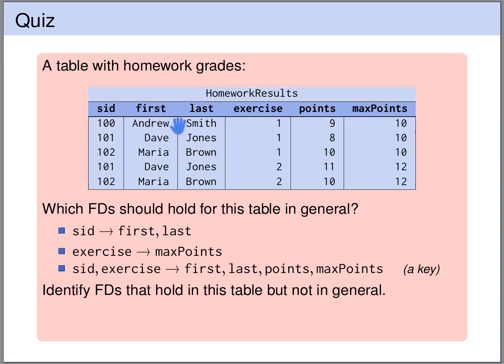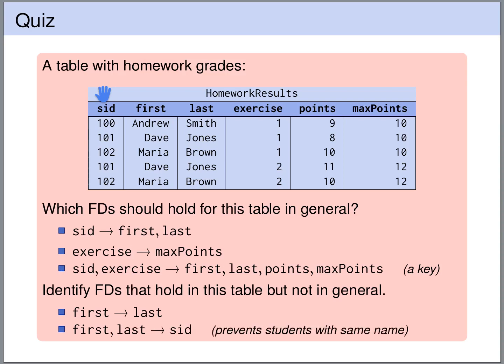The first name uniquely identifies the last name for this table. And the first name also uniquely identifies the SID. Especially if we take first and last name together, then also they uniquely identify the student ID. But this only holds in this table, this does not hold in general.